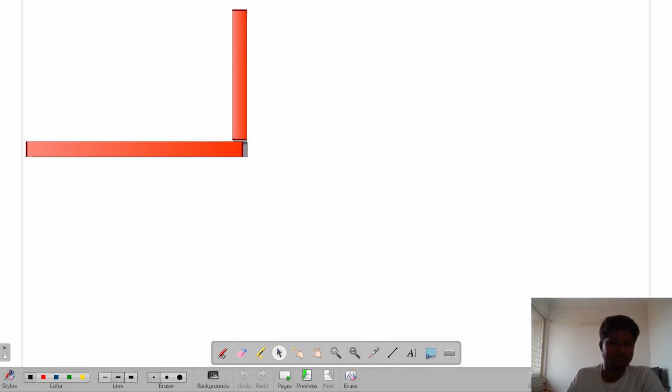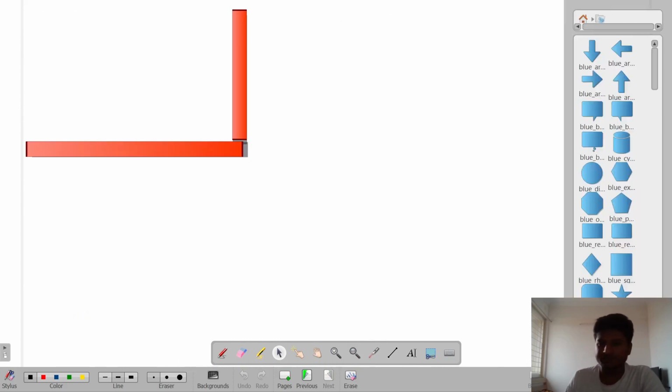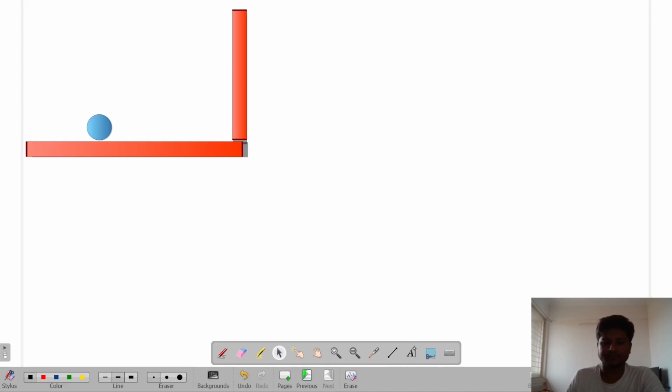So let us suppose I have a ball, and I just project it. These are my walls, this is the ground, and this is my fixed wall. I project this particular ball with some velocity.